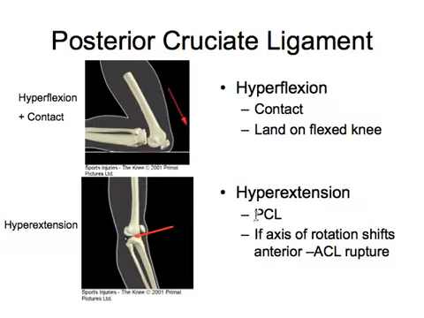So it's possible to get an isolated PCL injury that way, and if the amplitude of the stretch is high, you'll also end up with an ACL rupture. It's possible to rupture both your PCL and ACL while leaving the LCL and MCL, the collateral ligaments, intact through this hyperextension mechanism.